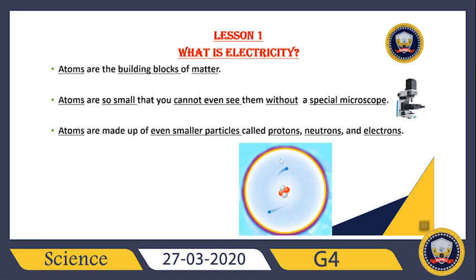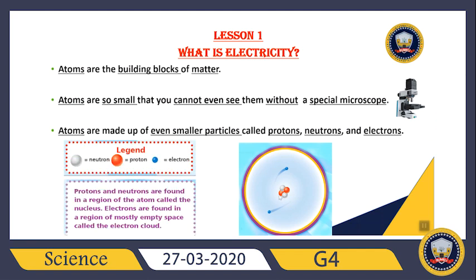The red balls refer to protons, the white ones refer to neutrons, and the blue ones revolving around them refer to electrons.